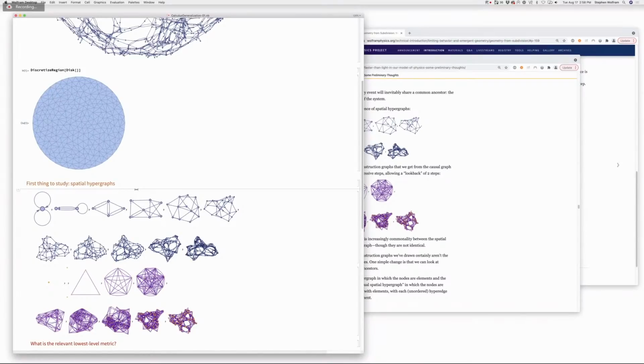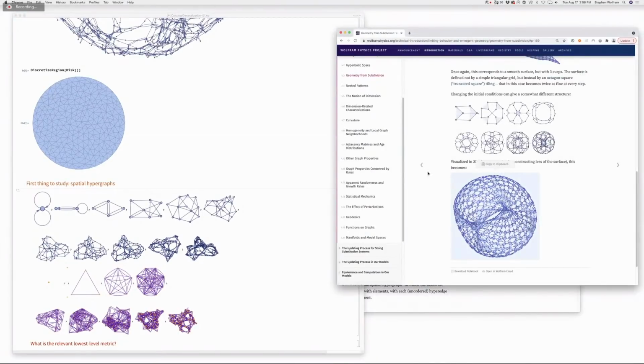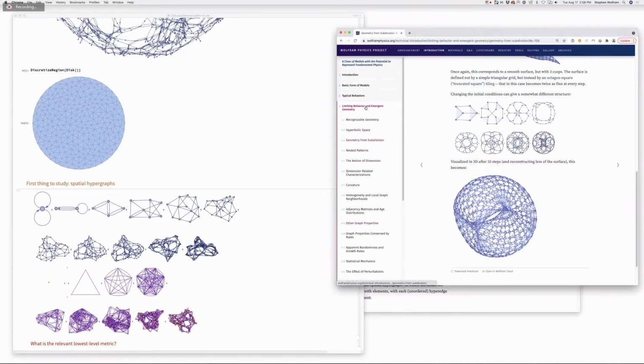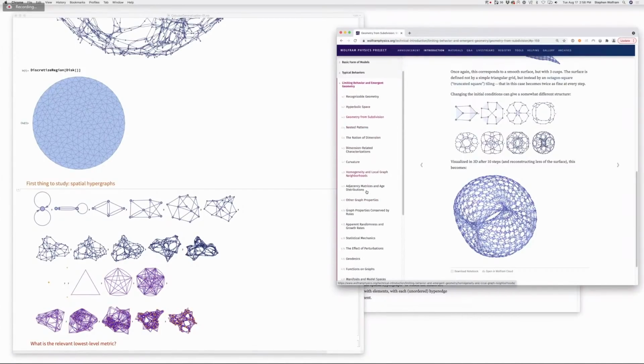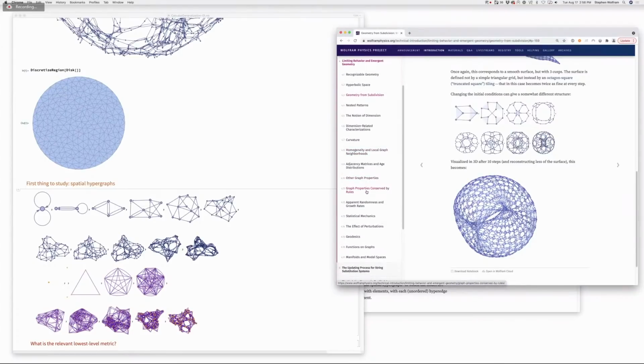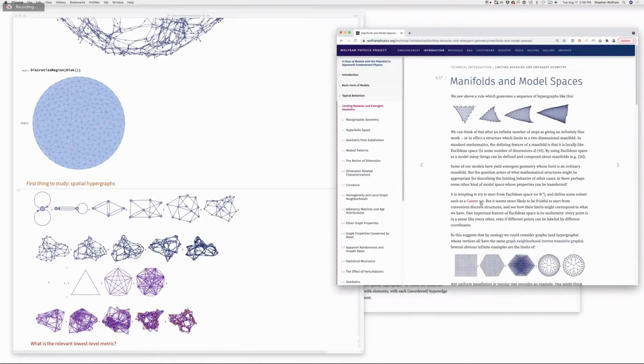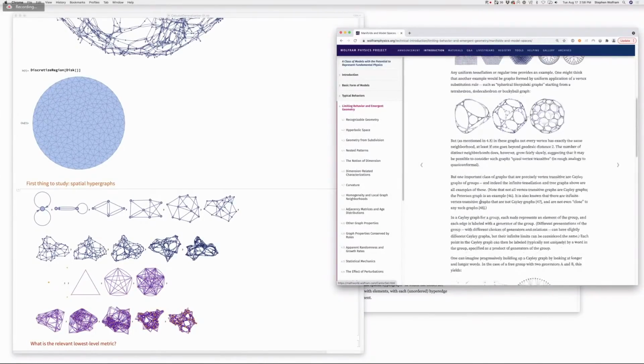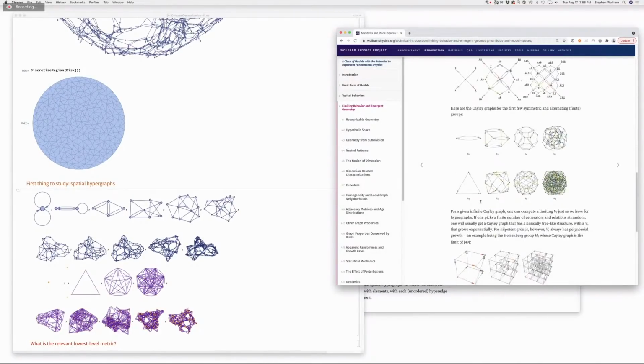Okay. Right. There's a whole long description of that in this whole giant section about limiting behavior in emergent geometry. That is a solid 100 pages of stuff. For now, it doesn't matter whether we are talking about branchial graphs or the whole space-time structure in blue.